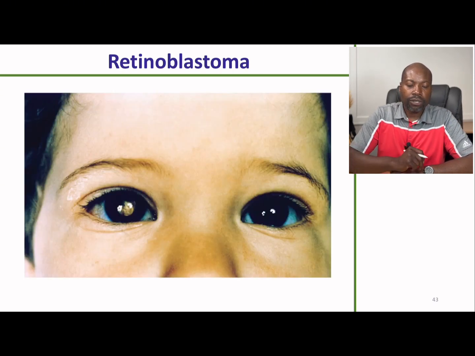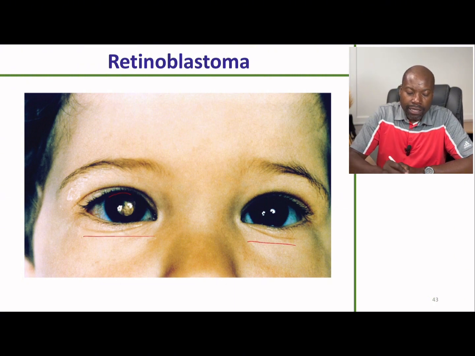All right. So retinoblastoma in an infant here, right? We can see actually the dark spot in the eye of the child that is characteristic of retinoblastoma in a person.